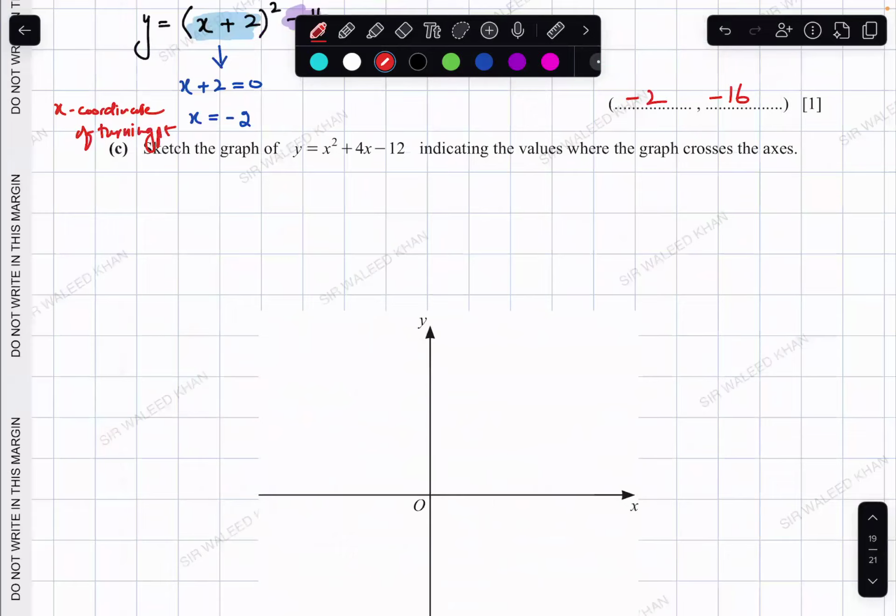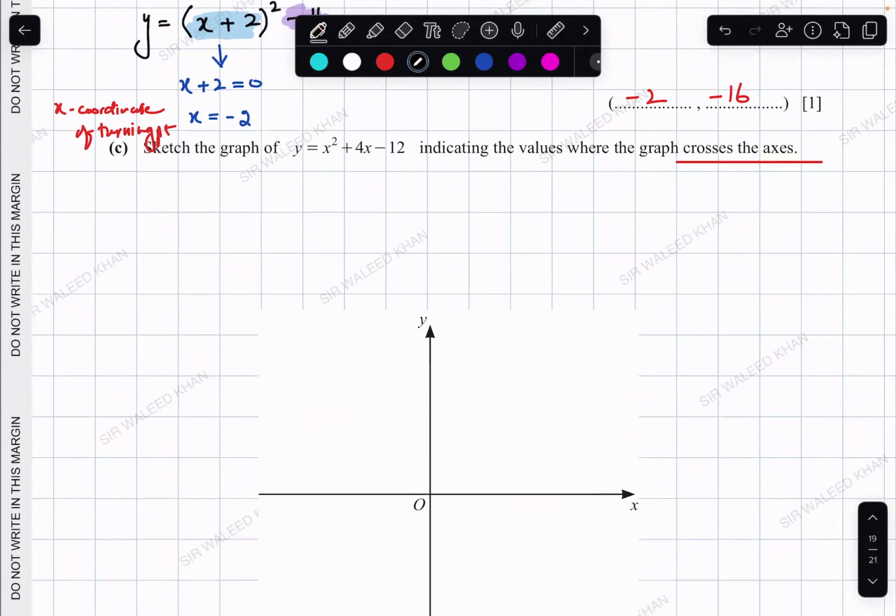Sketch the graph of this, indicating the values where the graph crosses the axis, right? So that means I have to use this. Crossing the axis. First of all, I have to figure out the shape of the graph. The shape of the graph will be determined by the coefficient of x square.